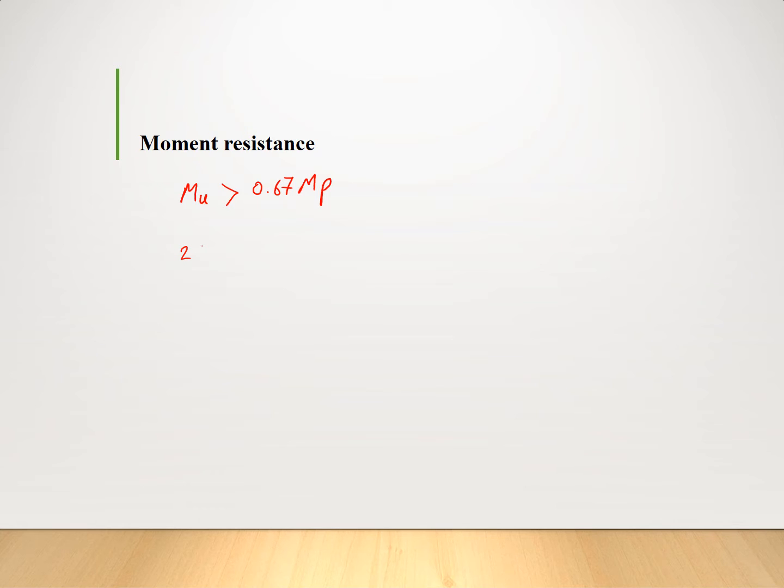Mu is 2928.5 kilonewton times meter, and 0.67 Mp is equal to 485.4 kilonewton times meter. So it is obvious that Mu is bigger.